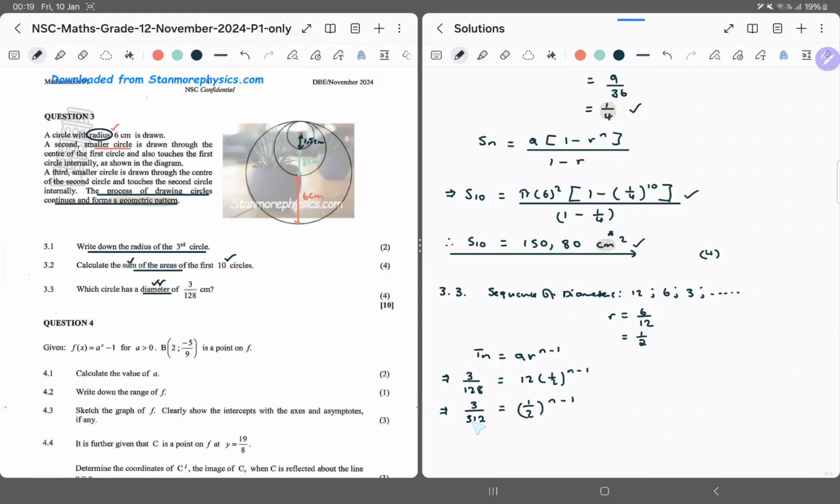Now, is there a relationship? 1/512 looks even, so I can perhaps express this as base 2. Maybe this whole thing as a power. Oh, sorry guys, I'm making a mistake. Now this is not 3, it's 1. Okay, so this, I can say this is a half into, let's see, what is 1/512?